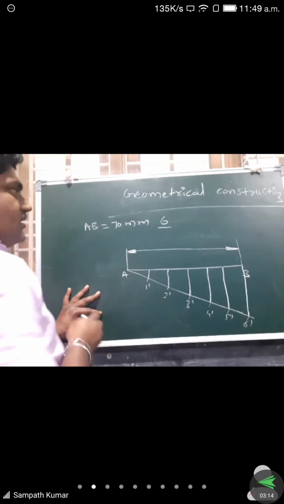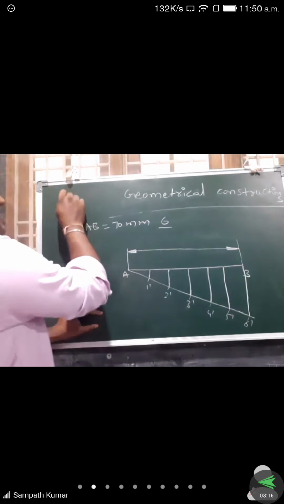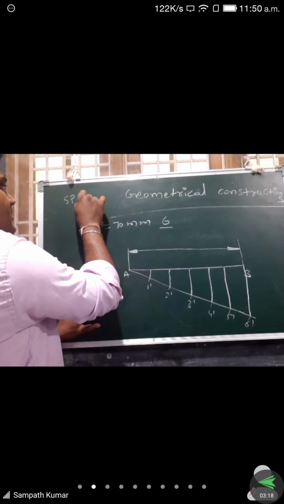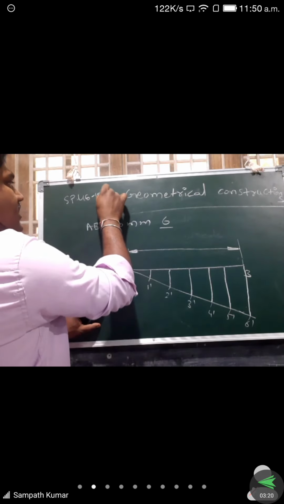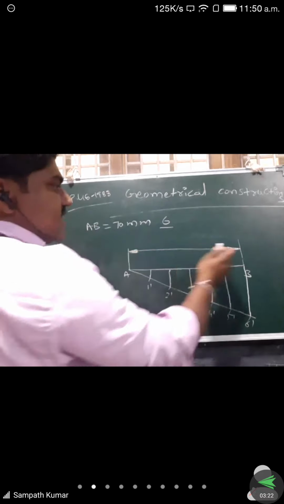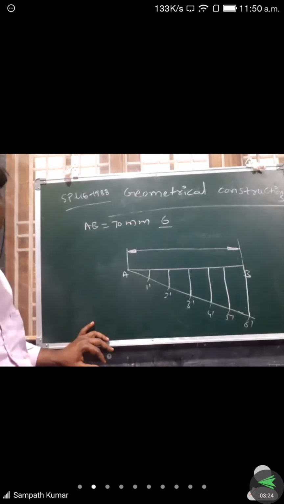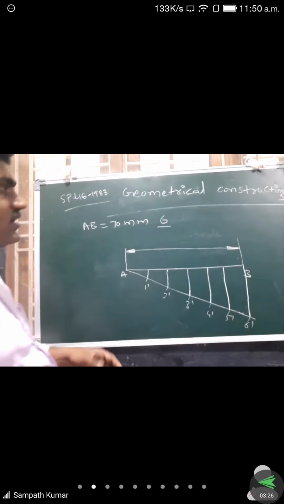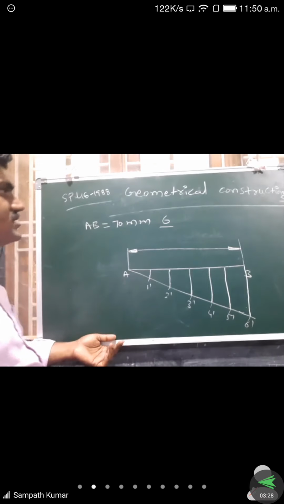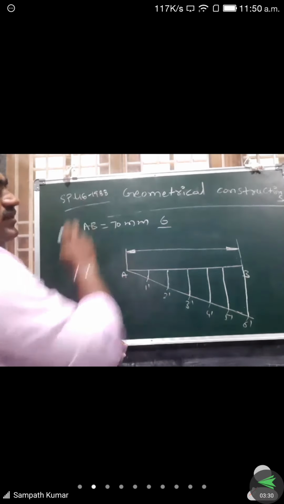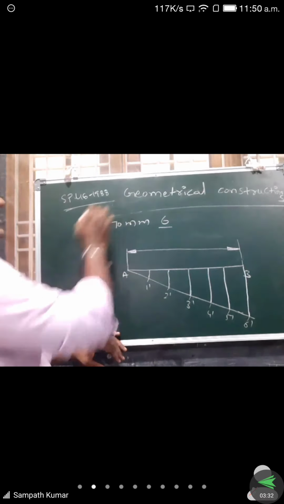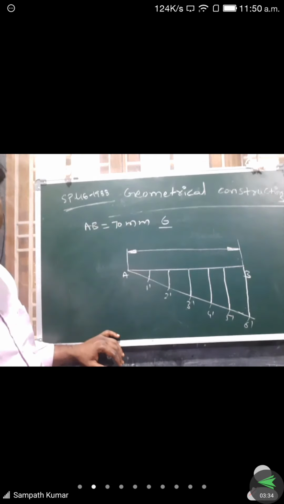In the previous class, we discussed SP 46, 1988. That indicates the arrowhead sides must be in 1:3 ratio. This is the Indian standard, that is SP 46, 1988.